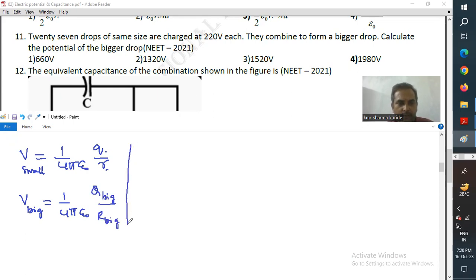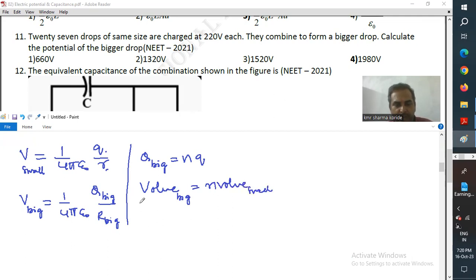So before you merge and after you merge, the charge of the bigger drop becomes the number of drops times the charge of each drop. When you merge, volume remains constant. Volume of the bigger drop is equal to N into volume of the smaller drop. Recall the formula for the volume of a sphere, because a drop appears like a sphere.